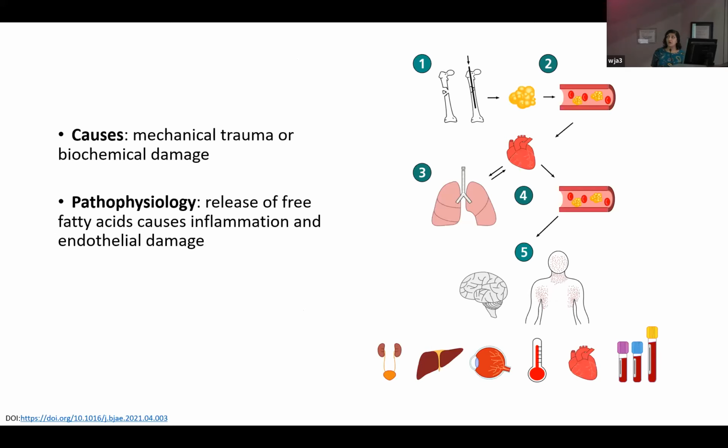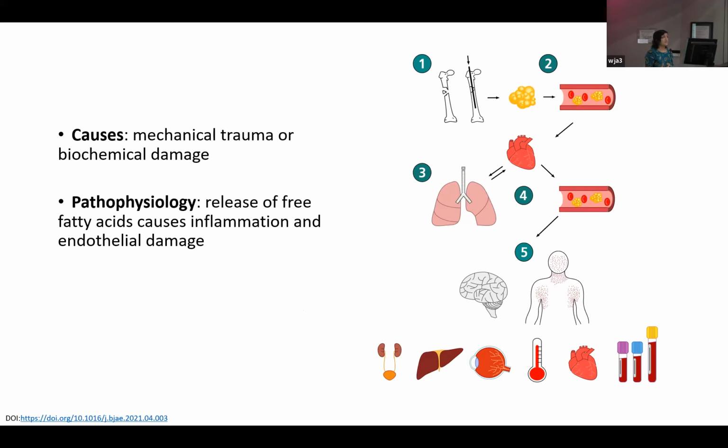There are two causes of fat embolism syndrome. The one that we're probably all familiar with is related to mechanical trauma. So classically a long bone fracture followed by a pulmonary embolus. This is not actually what is related to sickle cell disease.